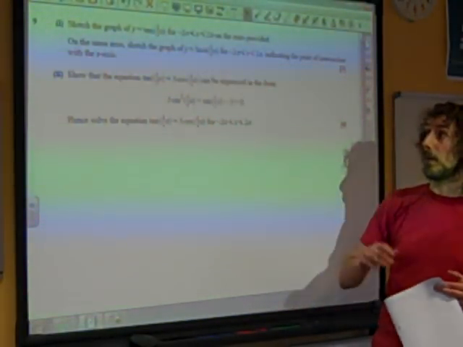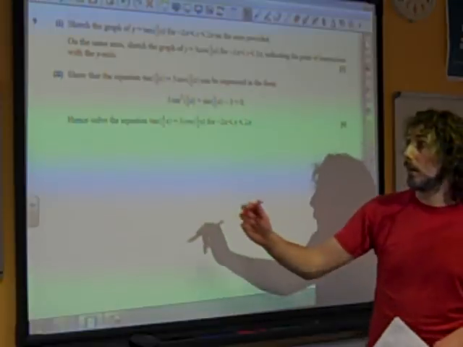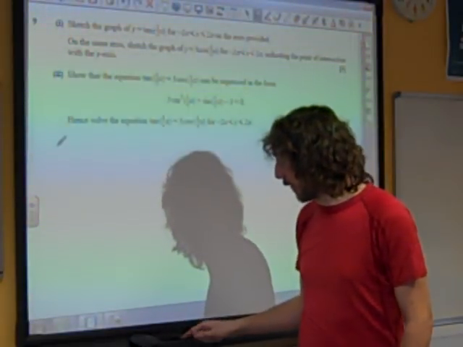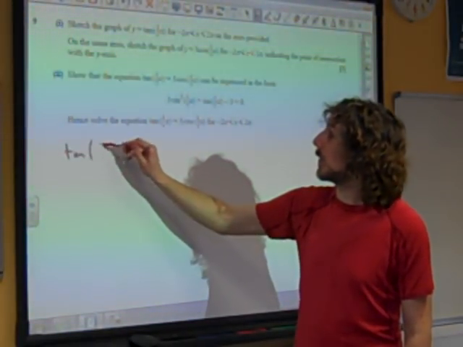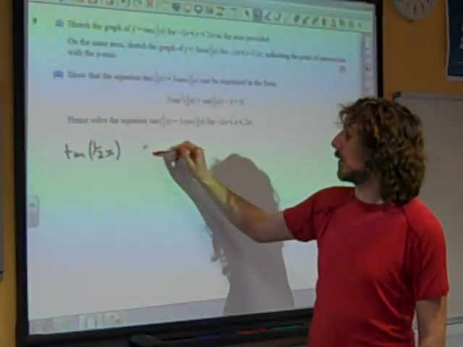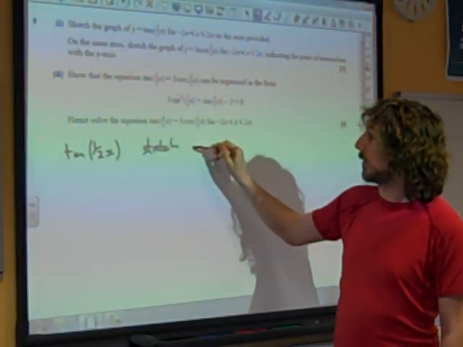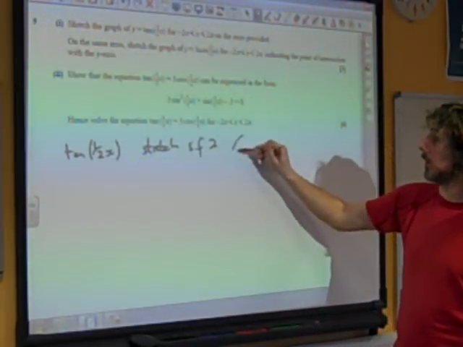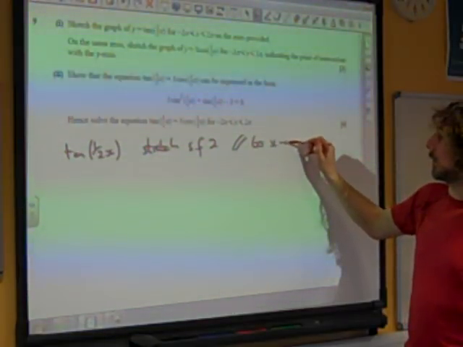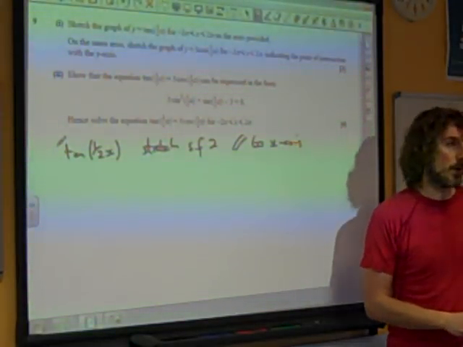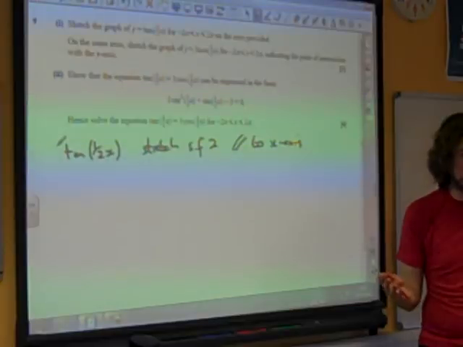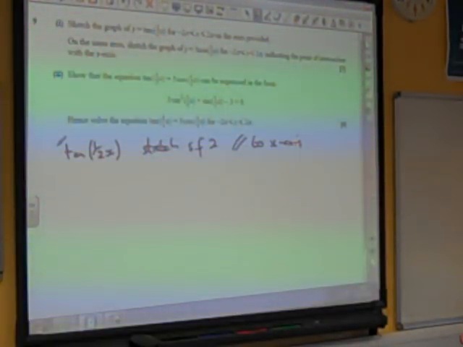So that's what tan of a half x is. It's like tan x, but stretched. Okay, so that gives us an idea of what we're doing for tan. If we can draw tan x, we can draw tan half x.